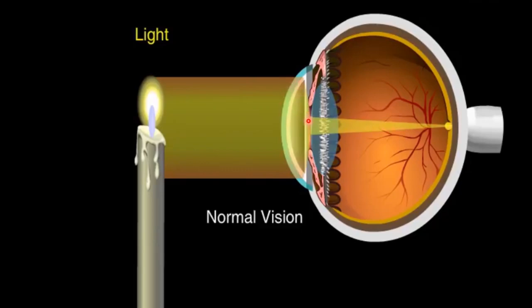So most of the light is refracted towards the pupil like this, and then it strikes the lens, and the lens converges this light and forms an image on the retina. So this is how the image is formed.